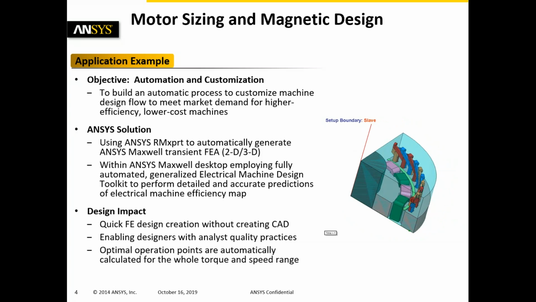So the ANSYS solution is still, as always, we use MExpert to automatically generate a Maxwell transient FEA model. Then within the Maxwell desktop, we can employ a fully automated generalized electrical machine design to perform detailed and accurate predictions of the electrical machine efficiency map.